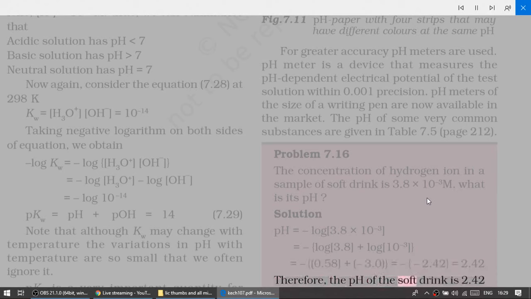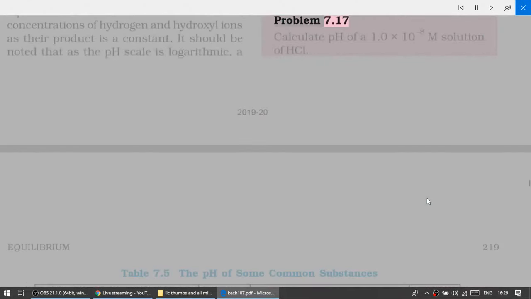Therefore, the pH of the soft drink is 2.42 and it can be inferred that it is acidic. Problem 7.17. Calculate the pH of a 1.0 x 10^-8 M solution of HCl.